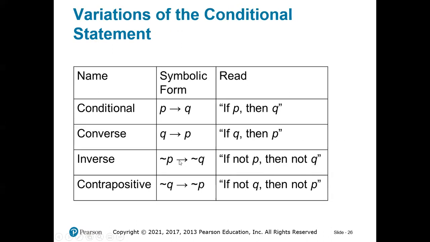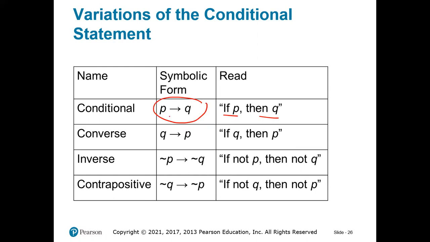I think this is the last slide I'll be using here. This is just definitions. Suppose you have a conditional statement. You read it as: if P, then Q. If they ask you what the converse is, you just flip them around.